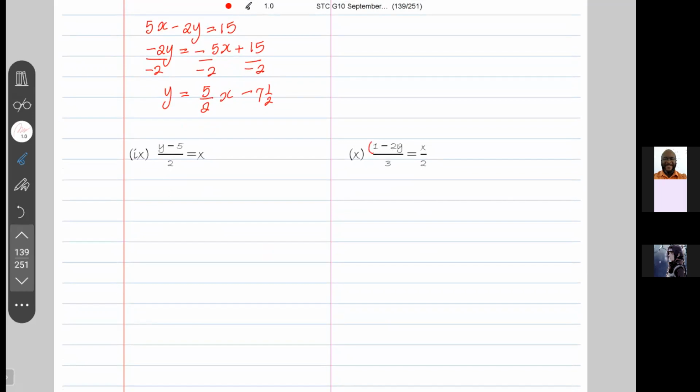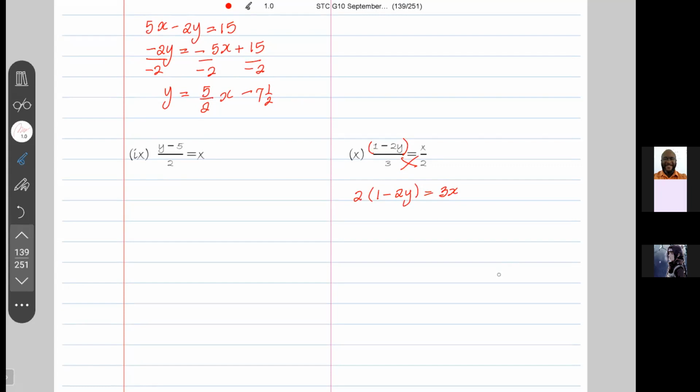And if we have one fraction equal to one fraction, one way to get rid of the fractions is to cross multiply. So this is going to be 2 multiplied by (1 minus 2y) is equal to 3 times x, which is 3x.